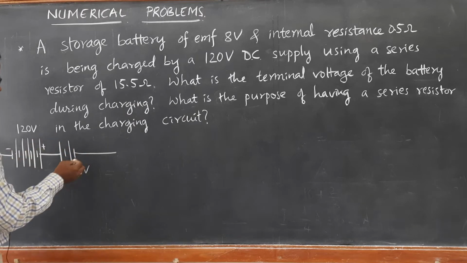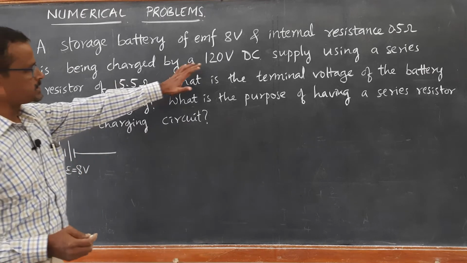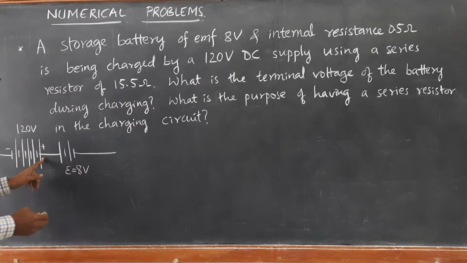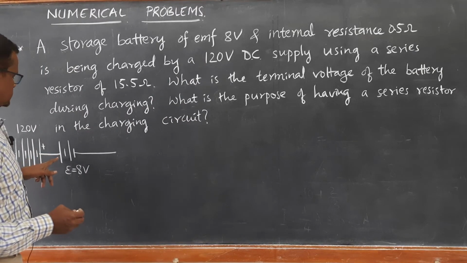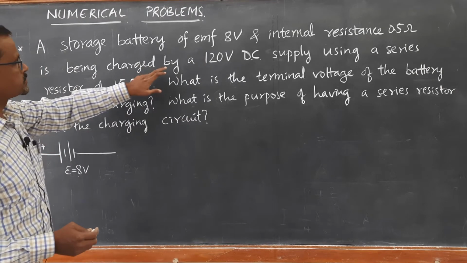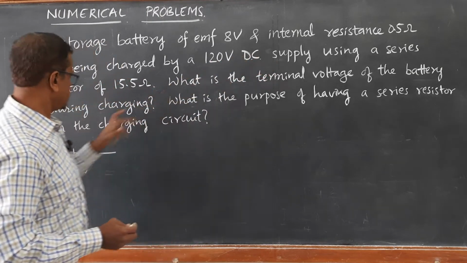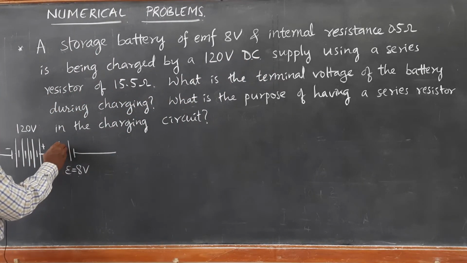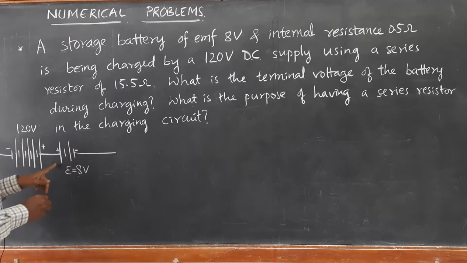This is being charged. So, remember, while charging, the positive terminal of the supply is connected to the positive terminal of the battery which is to be charged, and the negative terminal is connected to negative through a series resistor.